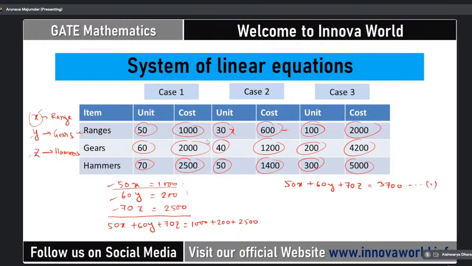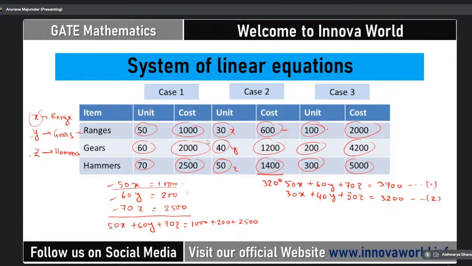So it is 30x plus 40y plus 50z, and this is of course the addition of these three costs, which gives 3200. This is equation number 2.